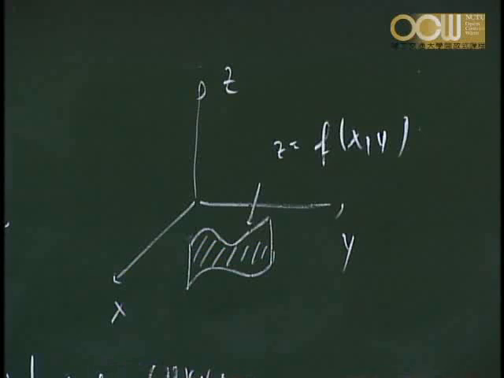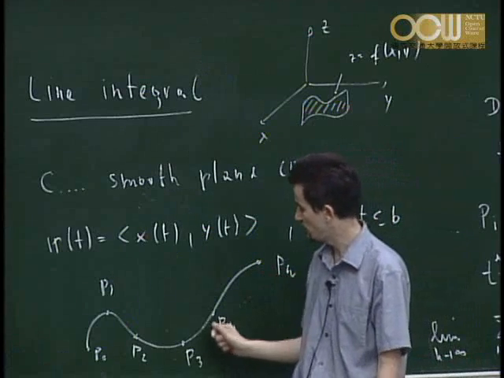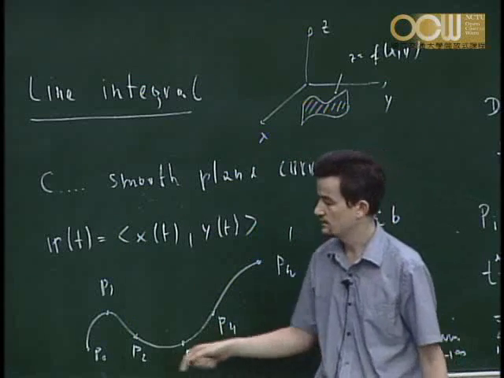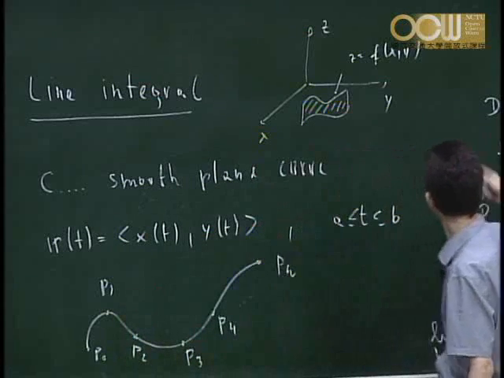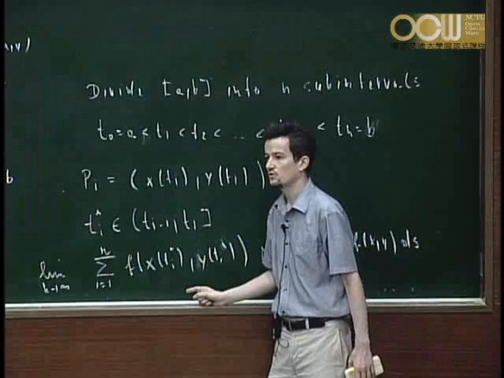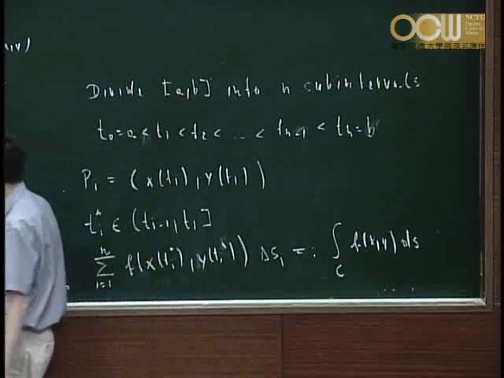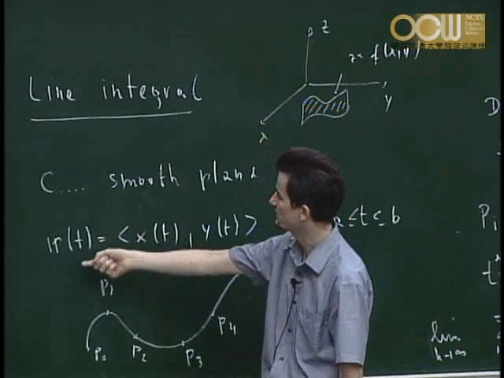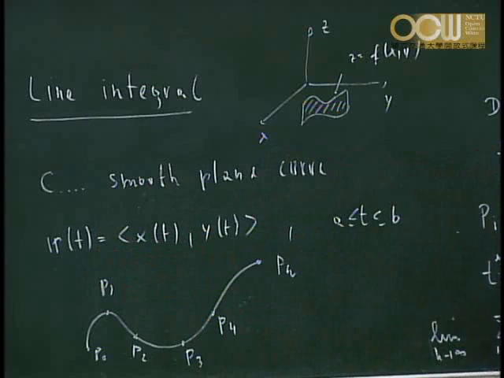And of course you can use the object. For instance, if you have a density function given, if this is a wire and you have a density function which tells you for every point what the density is, then if you want to compute the mass, you have to use the same approach. You will end up with the same limit. So if you have to compute the mass along such a wire, which is given by a vector function, then you also have to compute the line integral.